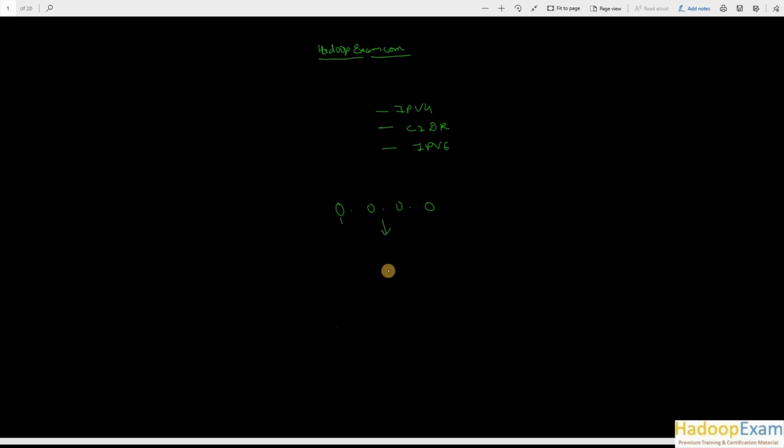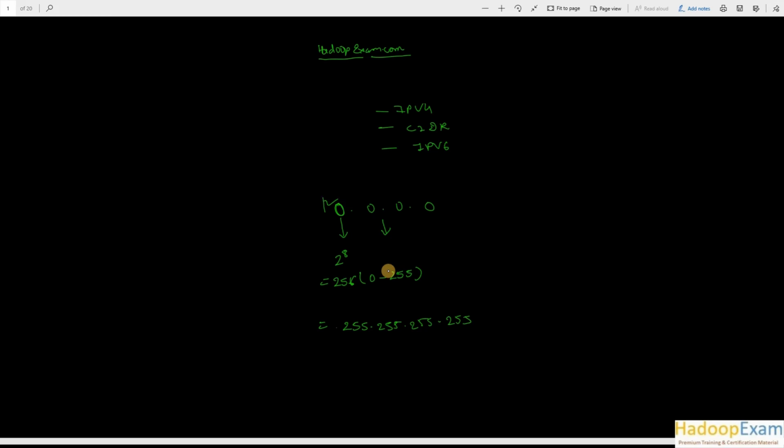Now, up to how many numbers can the first 8 bits represent? Up to 2 raised to power 8, which is equal to 256. Because we are starting from 0, it should be 0 to 255. That is the possibility. So my maximum possible value would be 255 here, the second would be 255 as well, the third is 255, and this is 255.